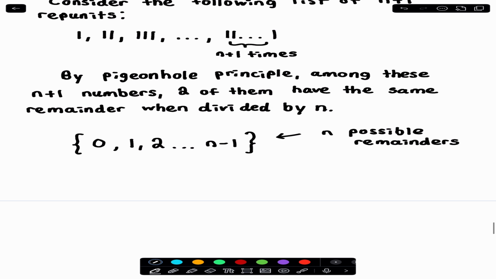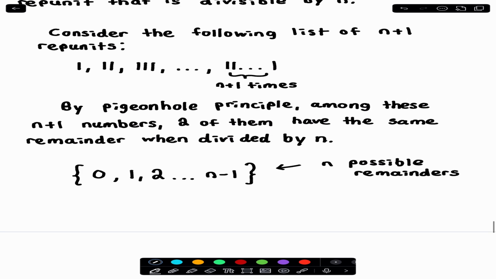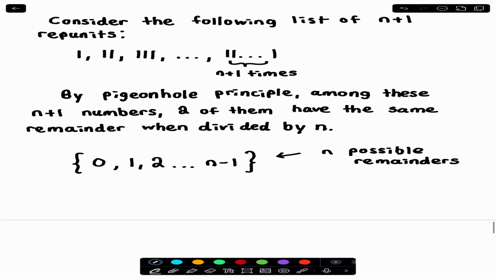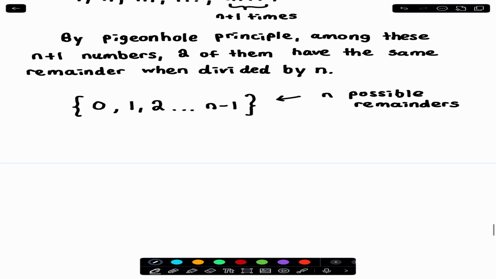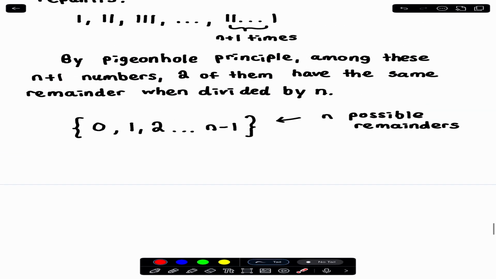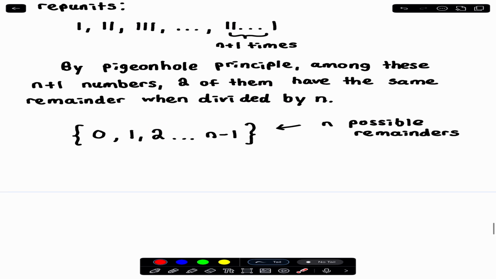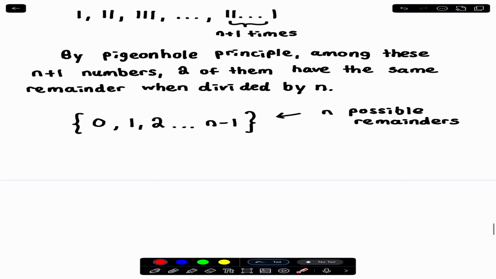Okay, if 2 of them have the same remainder when they're divided by n, that means their difference will be divisible by n. Right? You can think of it, if they both have a remainder of, let's say for example, 2, then when you take their difference, it would be the same as saying basically 2 mod n subtract 2 mod n, which is the same as 0 mod n, so you're divisible by n.